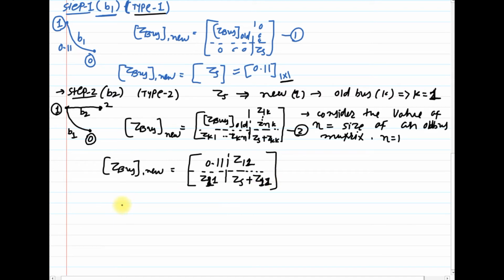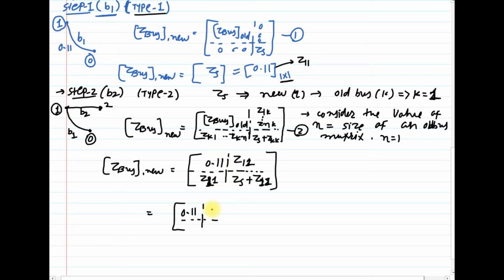Clear? So just substitute all the values in this matrix. So we will have 0.11, Z11 again the same, because in previous matrix only one element is available with us, which is Z11.